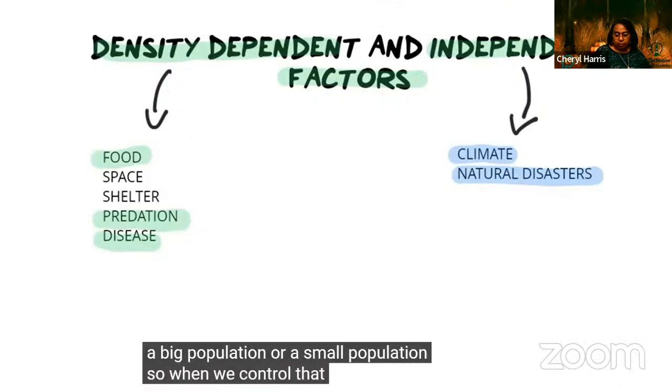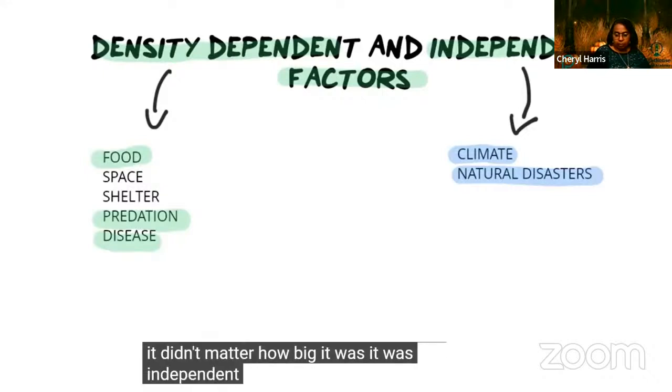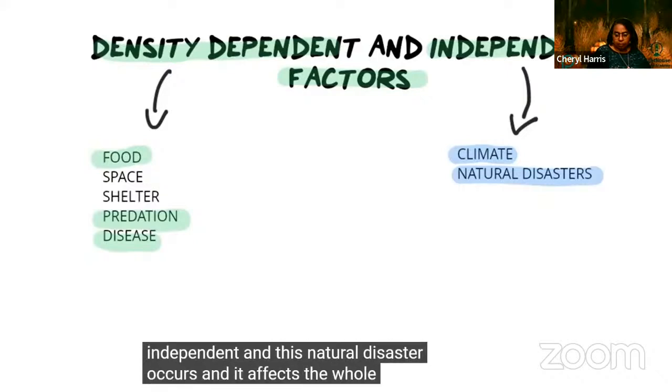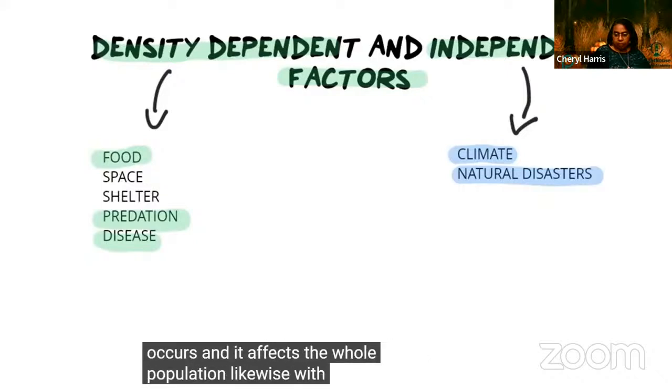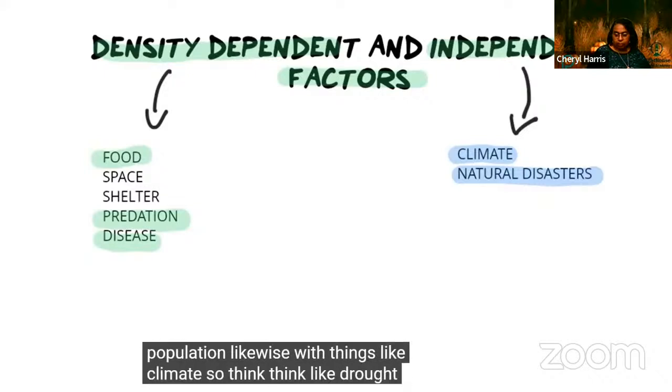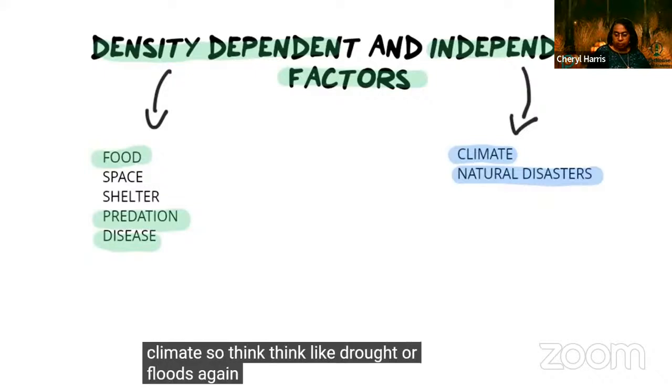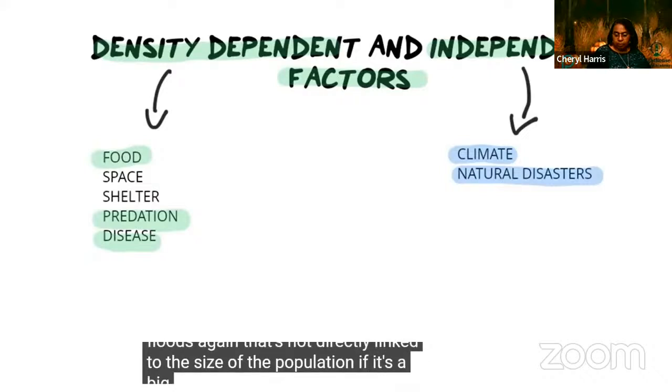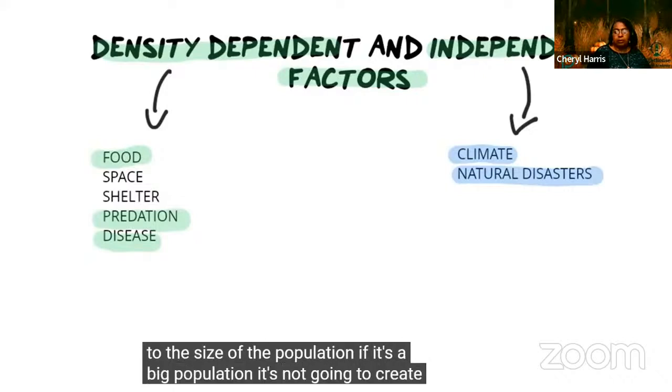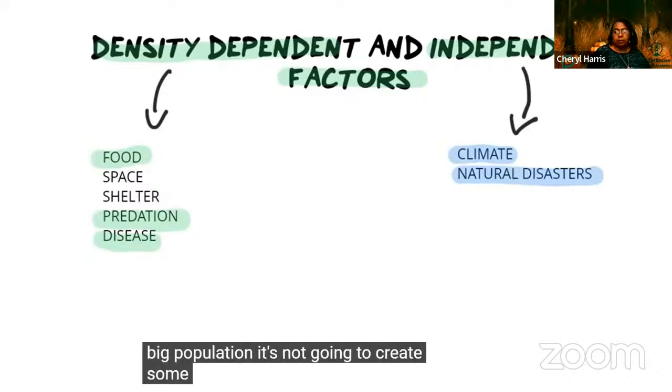It didn't matter how big it was; it's independent. This natural disaster occurs and it affects the whole population. Likewise with things like climate, so think of drought or floods. Again, that's not directly linked to the size of the population. If it's a big population, it's not going to create some kind of flooding situation.